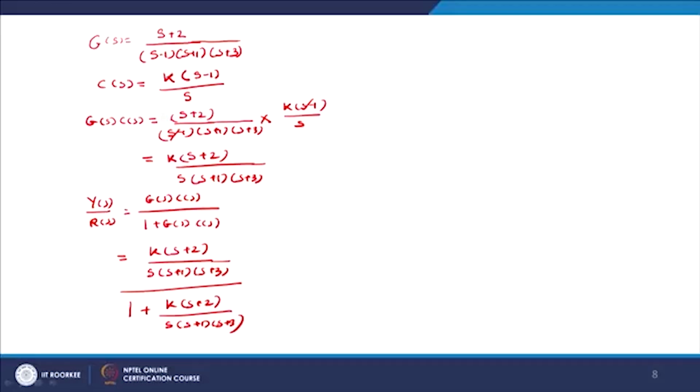Now we solve it, and after solving we will get the result as K (s plus 2) divided by (s plus 1)(s plus 3) plus K (s plus 2).